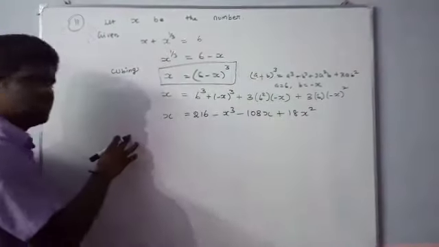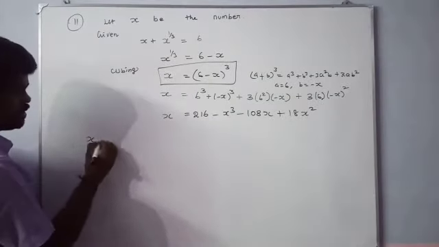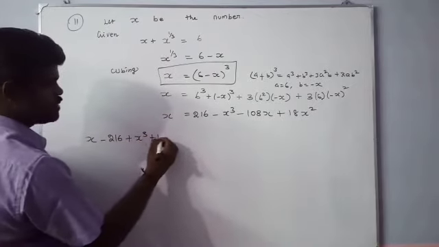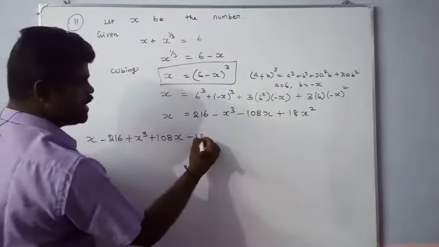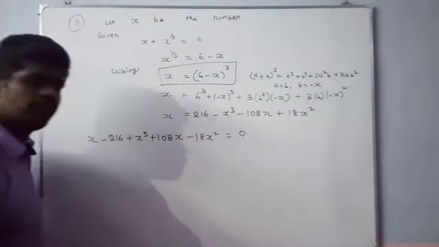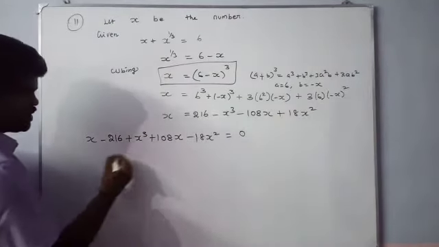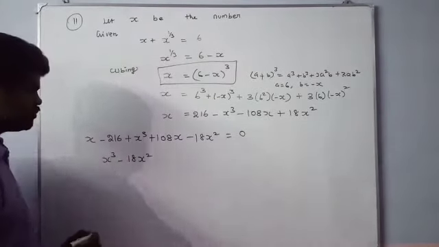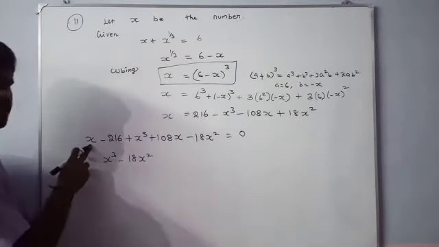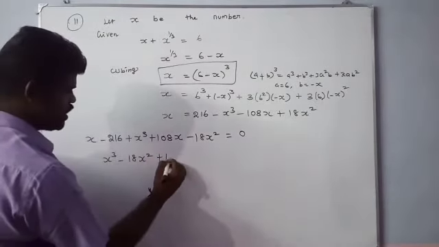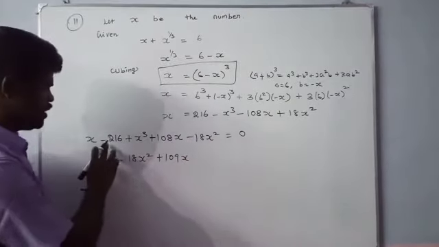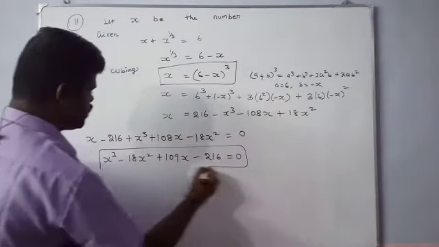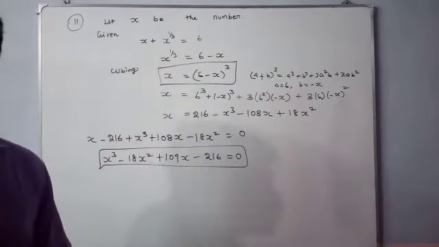All this value should come to this side, so x minus 216 plus x cube plus 108x minus 18x square equal to 0. Now the first term must be x cube and the second term must be minus 18x square. The third term 108x is there and x is there, so the answer is plus 109x, and the constant term minus 216 is equal to 0.